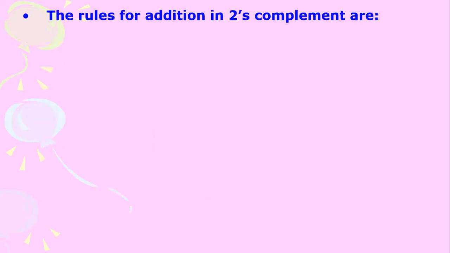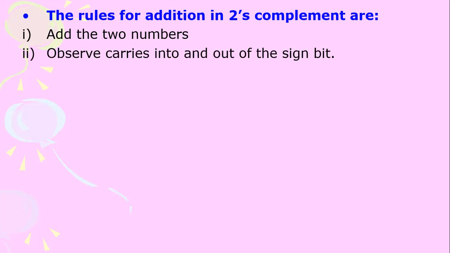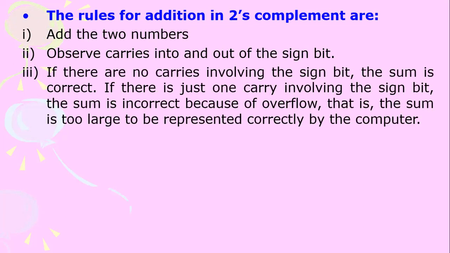So, what are the rules for addition in 2's complement? Number 1, start by adding the 2 numbers. Observe carries into and out of the sign bit. Then, if there are no carries involving the sign bit, the sum is correct.